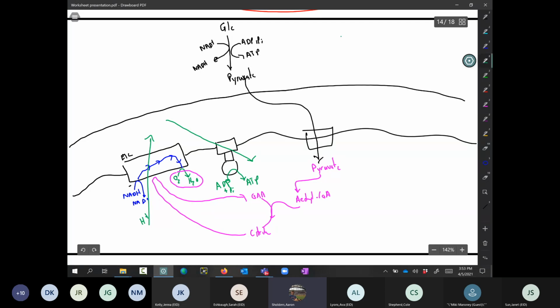HIF1 will increase expression of GLUT transporters, in particular GLUT1. It will increase expression of glycolysis enzymes.